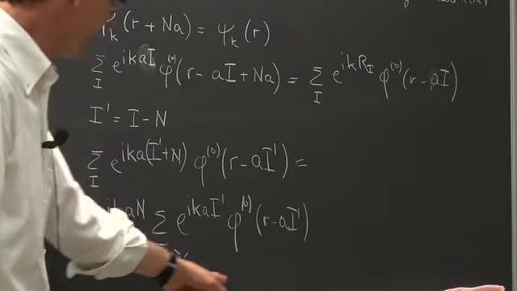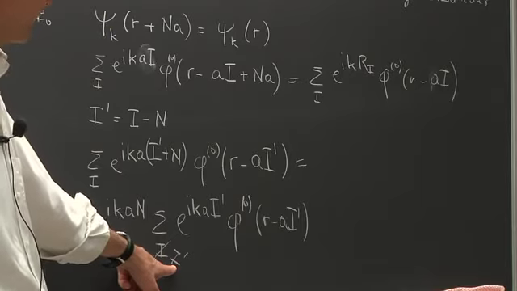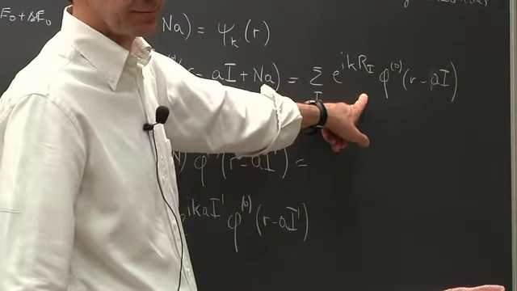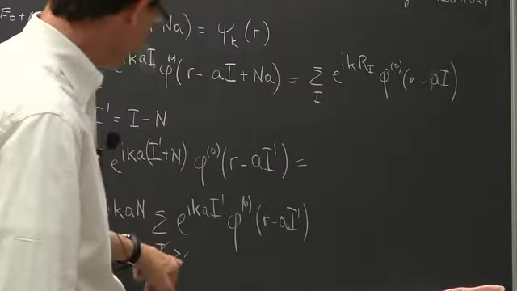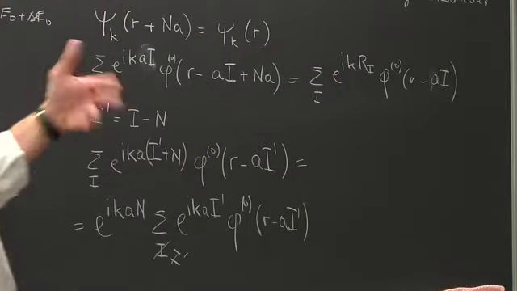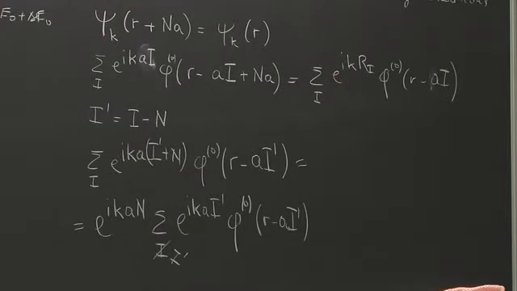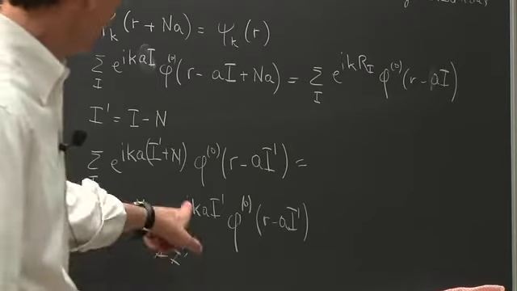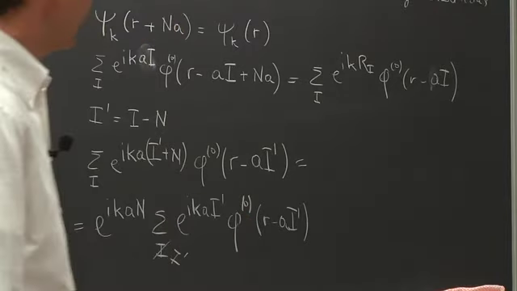But this object now, if this is i prime, is identical to the right-hand side, right? The only difference is that the index is called in a different way, i prime here and i there, but a running index I can give any name I like, as long as it runs over the same range of values, minus infinity to plus infinity. So this object is the same as the right-hand side.